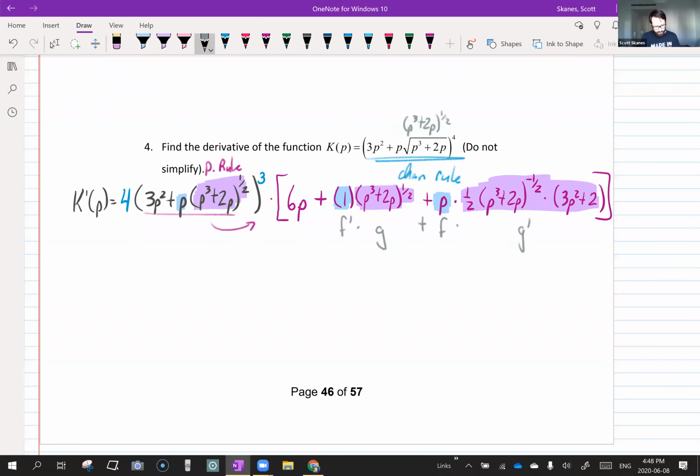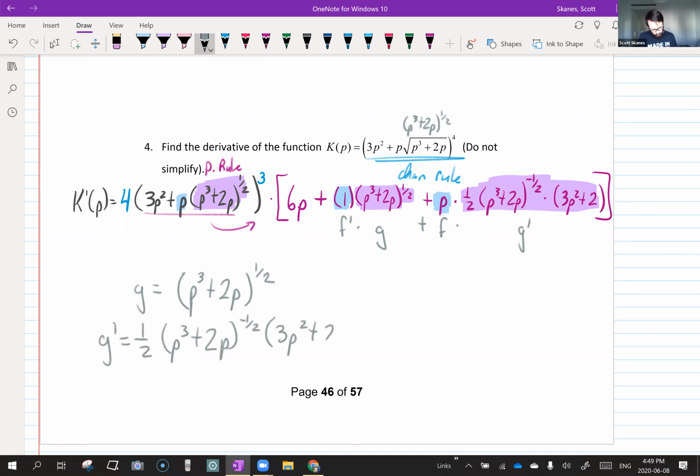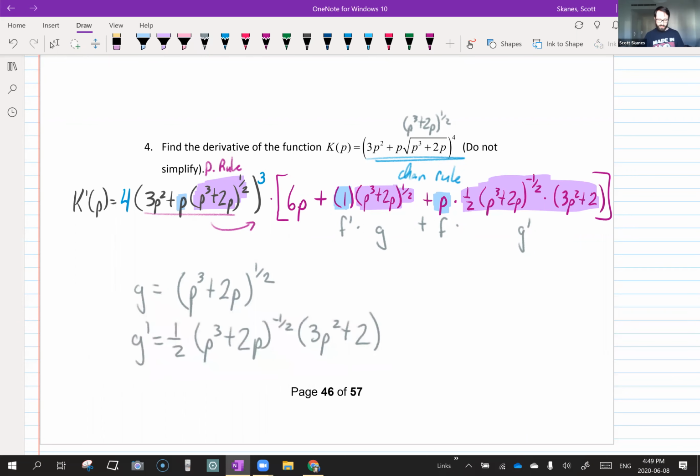Notice that G prime, if you only had this question, the second function, in order to get G prime, is its own power rule or own chain rule. So if this is G, then G prime is this. Okay, so even though it's part of a bigger question, you still need to use the chain rule when we have these products or when we have these composite functions.